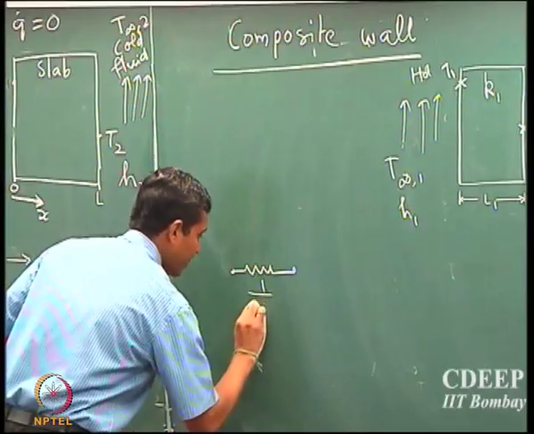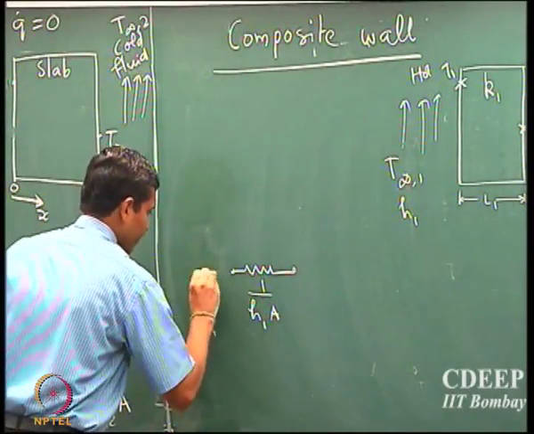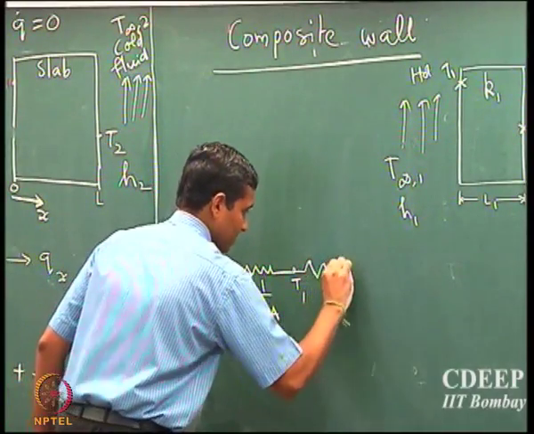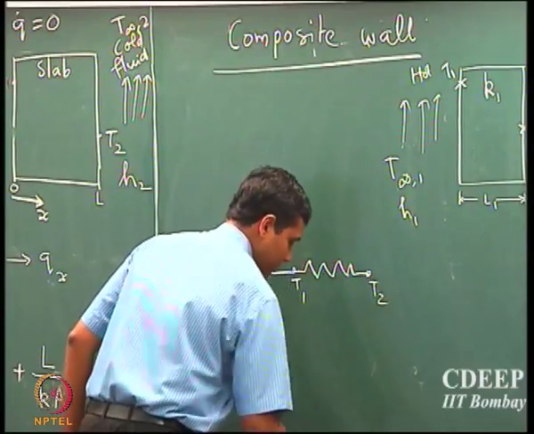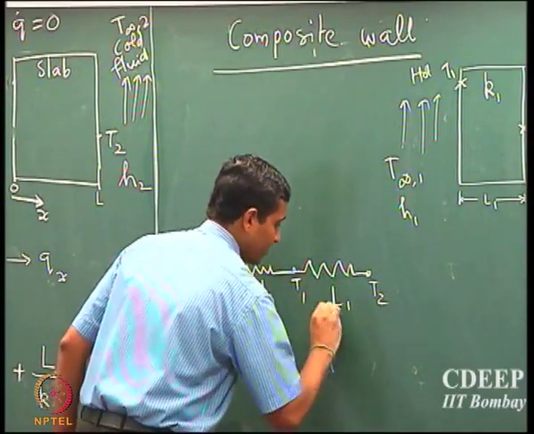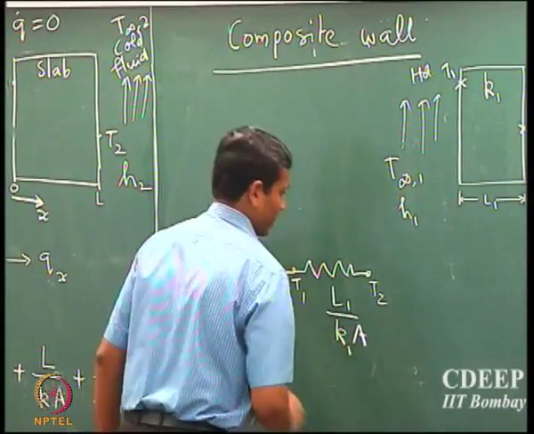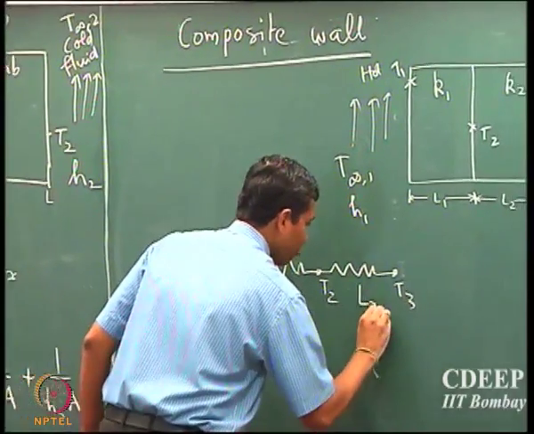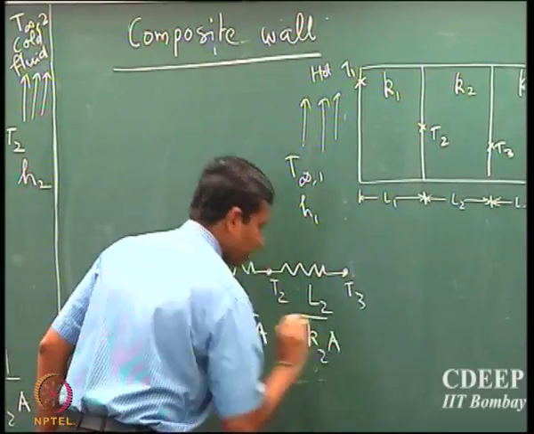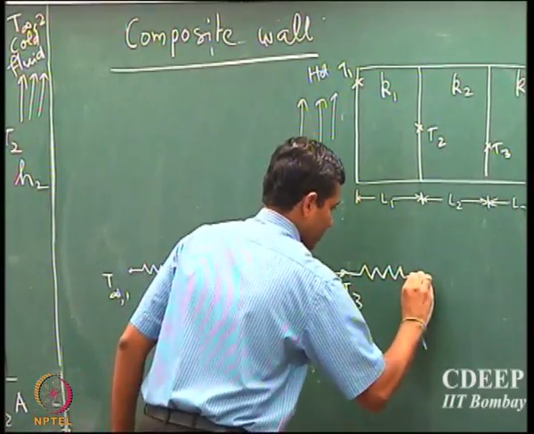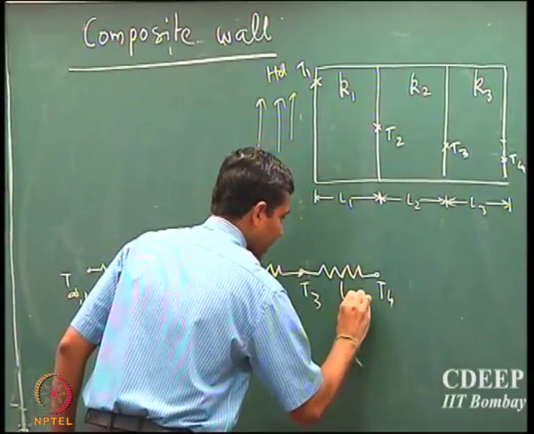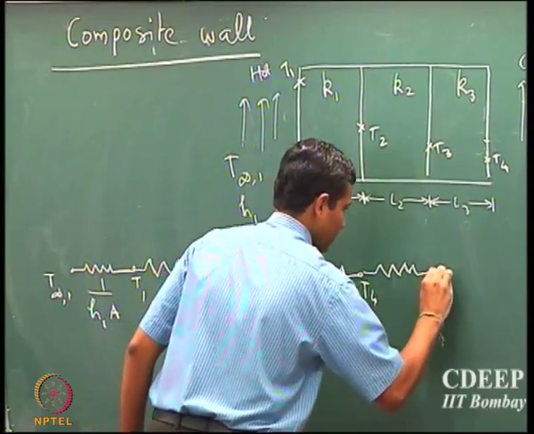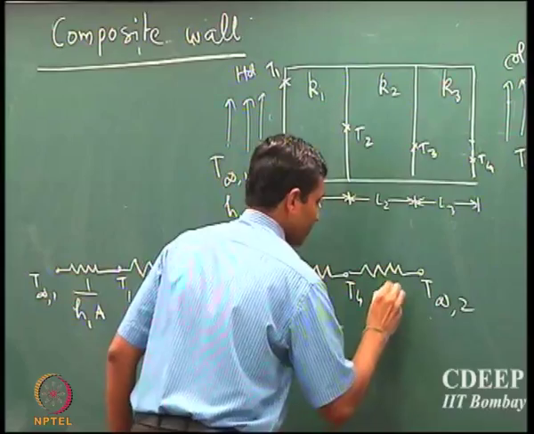So that is 1 by H1 into A, from T infinity 1 to T1, then T1 to T2 is L1 by K1A, T2 to T3 is L2 by K2A, T3 to T4 is L3 by K3A, and then 1 by H2A to T infinity 2.